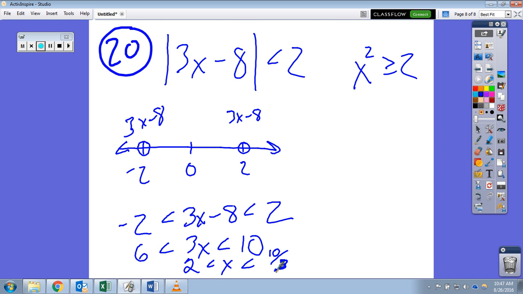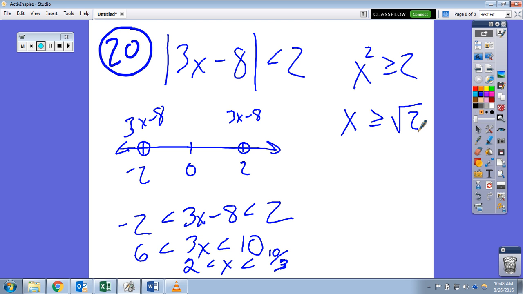Over here, kind of a similar idea to absolute value. If something squared is greater than or equal to 2, think about this. x could be greater than or equal to the positive root of 2.